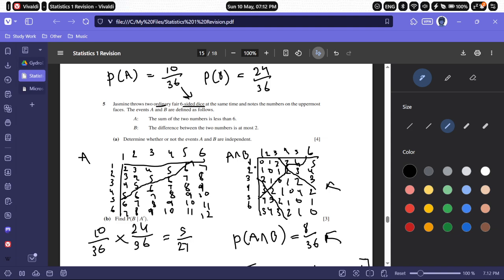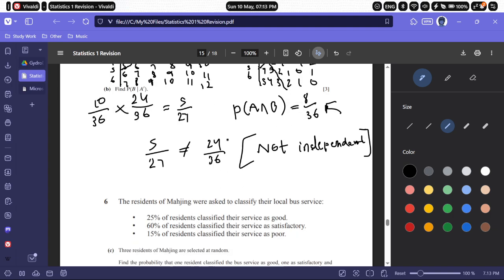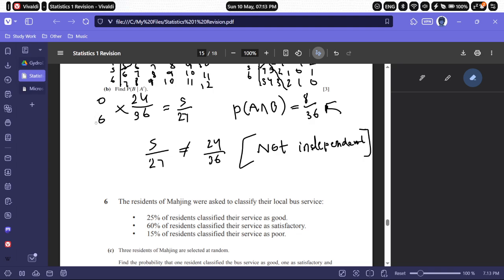This isn't B, this is A intersection B, because I made those three boundaries. So for A intersection B, you're considering this condition as well, along with this. That's how you'd get 8 over 36. At least that's what my method is. If you guys have any other method, that's fine as well. Wait, not enough space again.